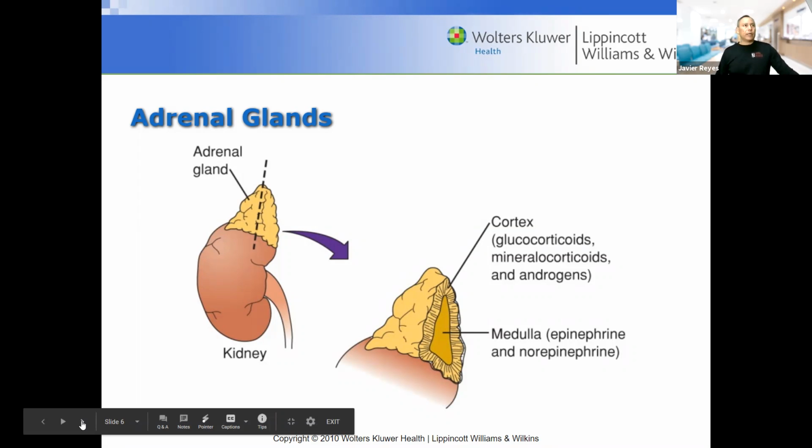So you see the adrenal glands. If you look at the PowerPoint, those adrenal glands, AD stands for next to. So they're next to your kidney. They're actually sitting on top of your kidney.